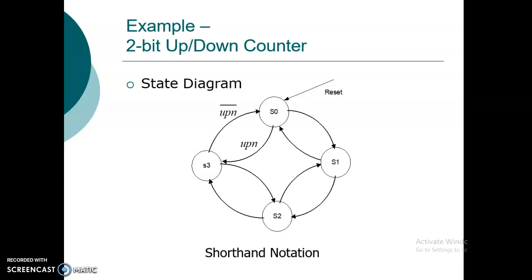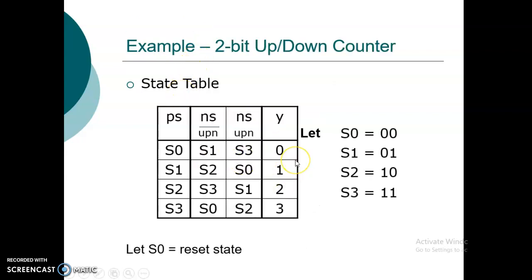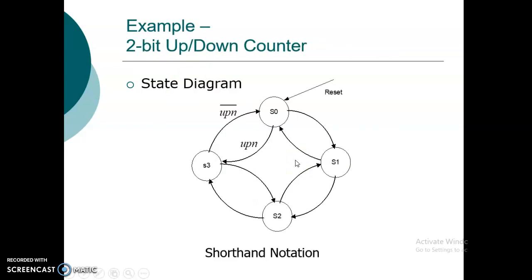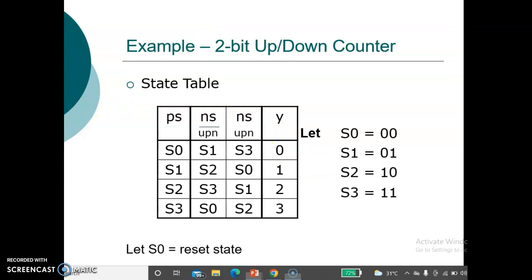Example 2-bit up and down counter state diagram. Here S0 to S3, this direction UPN, sorry, UPN. Here S0 to S1.